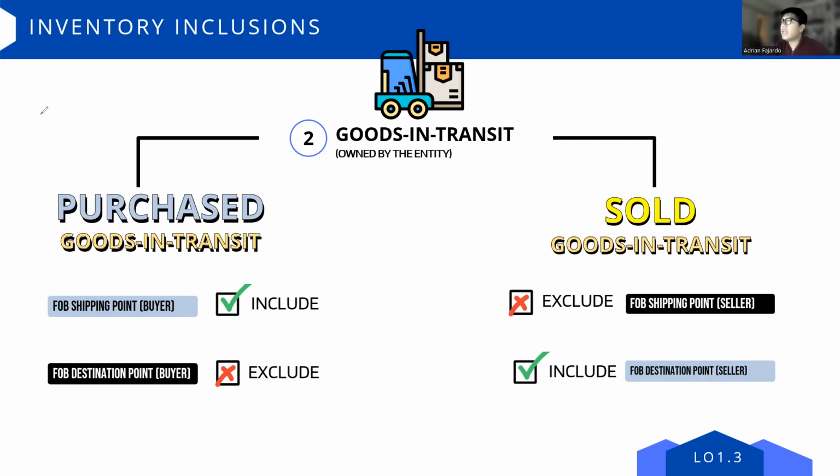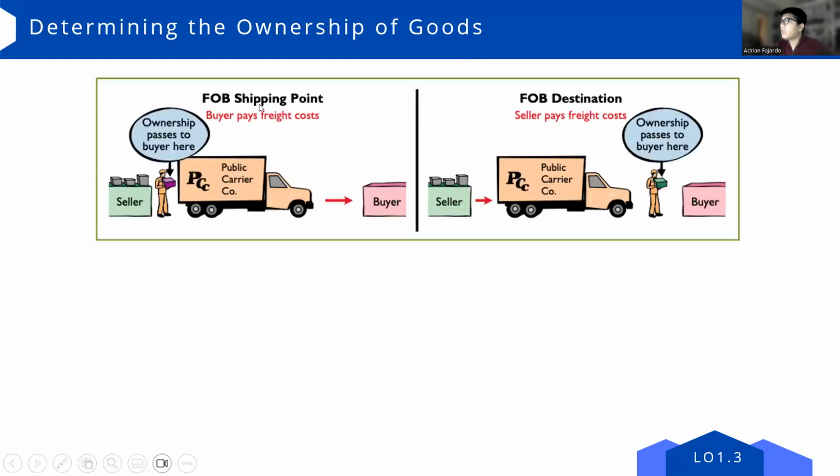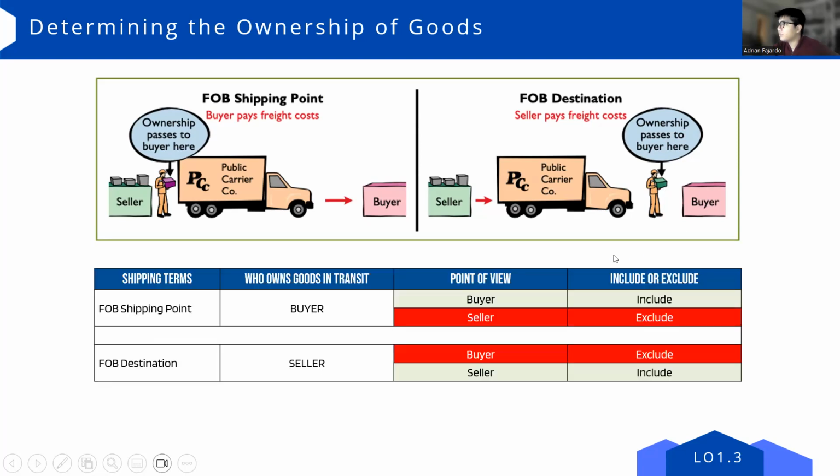So, just to make sure na everyone's on the same page, this is another way of looking at it. Kapag shipping point kasi, the ownership passes to the buyer here. Pagpasakay na siya sa truck. Pero pag destination point, nagpapass lang yung ownership kapag na-receive na ni buyer on land. So, if hindi kayo masyadong ma-visual and mas ma-table kayo, if the FOB shipping point is yung term, sino yung may-ari?